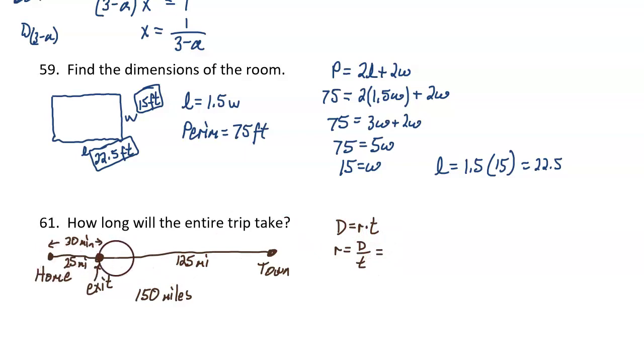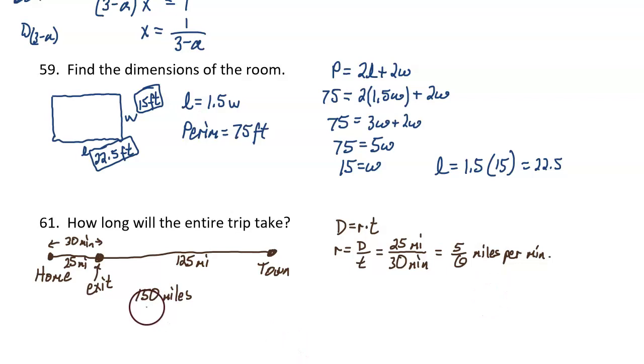The distance from the home to the exit is 25 miles, so we could fill that in for d, and the time that it took to drive the 25 miles was 30 minutes. Fill that in for t. And then we can simplify this fraction to 5/6 miles per minute, or we could do it as a decimal. Every minute we can travel 5/6 of a mile.